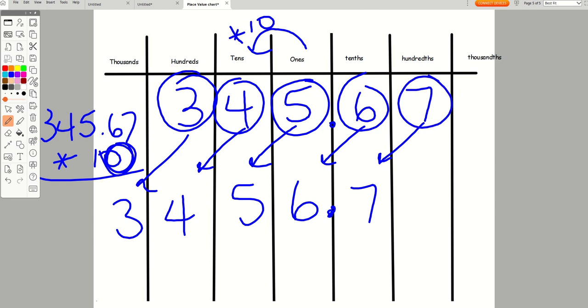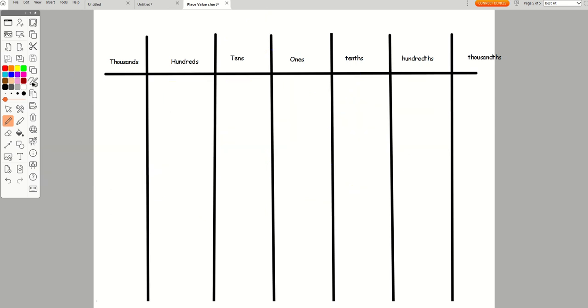And 7 pennies or 7/100 times 10 is now 7/10 or 70 cents. So it's now 3,456 and 7/10.